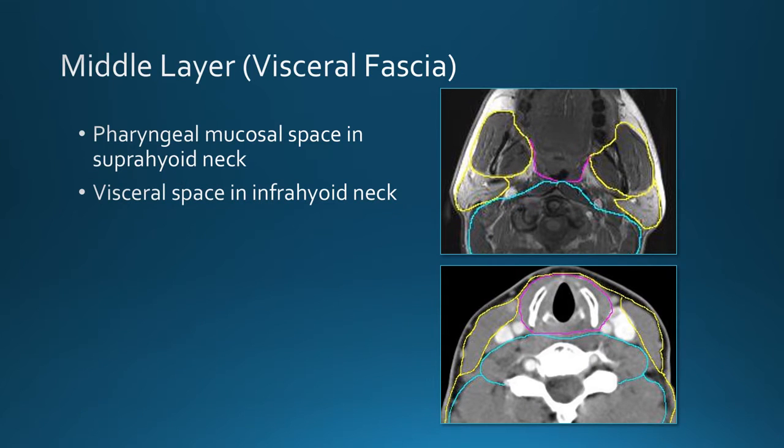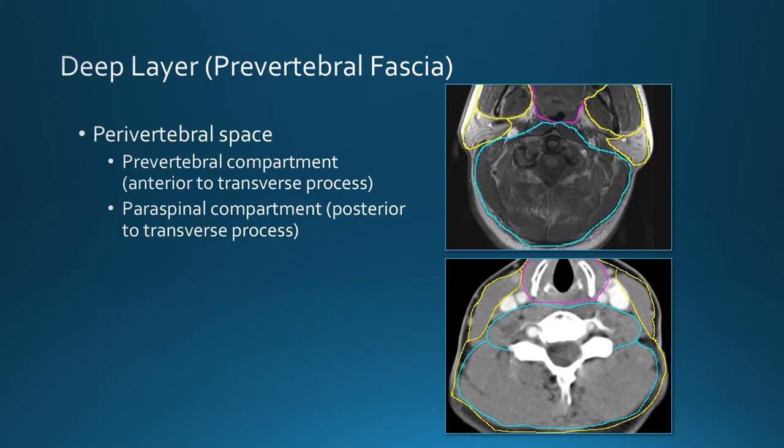The middle layer, or visceral fascia, delineates the pharyngeal mucosal space in the suprahyoid neck and the visceral space in the infrahyoid neck. The deep layer delineates the perivertebral space.